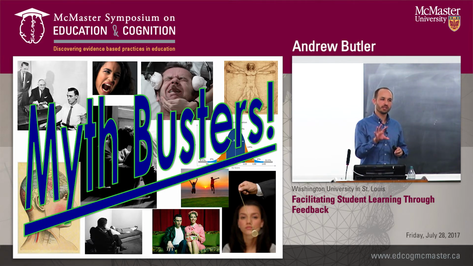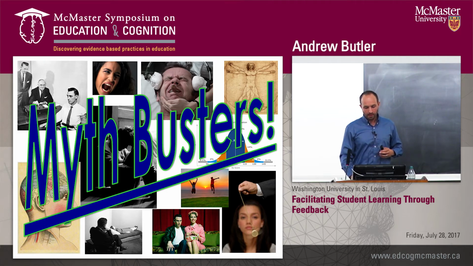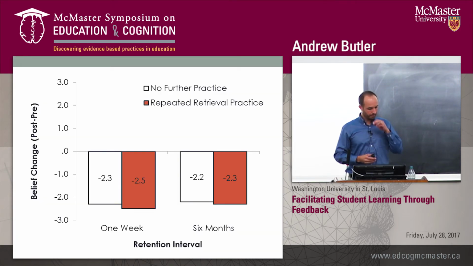And what I'm going to do is focus in on items for which students had misconceptions. So these are items, myths for which they rated on that initial pre-course survey either a 5, 6, or 7 on a 7-point scale, right? So they're saying, I believe in this to varying extents. Here's what happened. This is the change in belief pre to post, right?